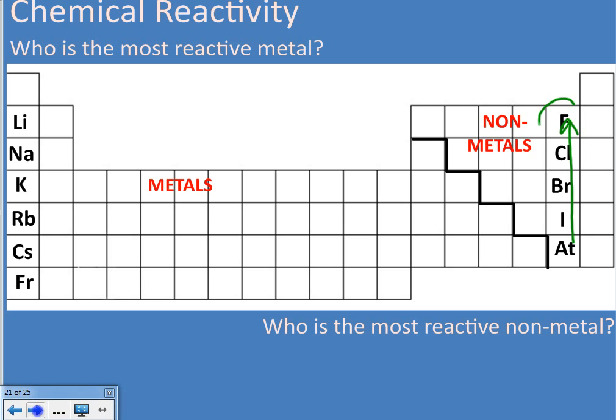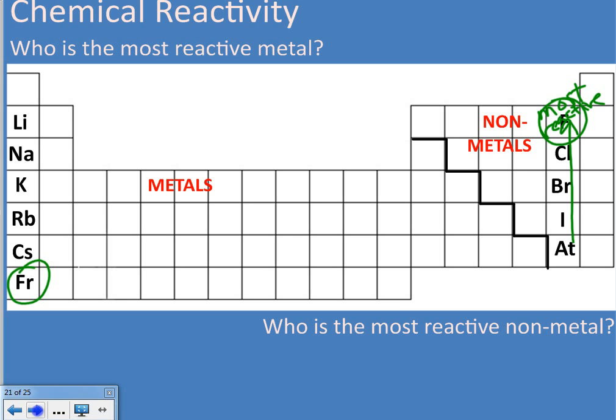So this is the most reactive nonmetal. Again, it's this idea that the extremes of reactivity are on diagonally opposite parts of the periodic table. The most reactive metal is in the lower left corner, and the most reactive nonmetal is in the upper right corner. The noble gases, you notice we did not discuss those.